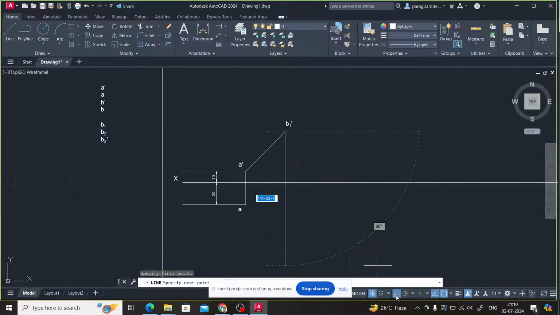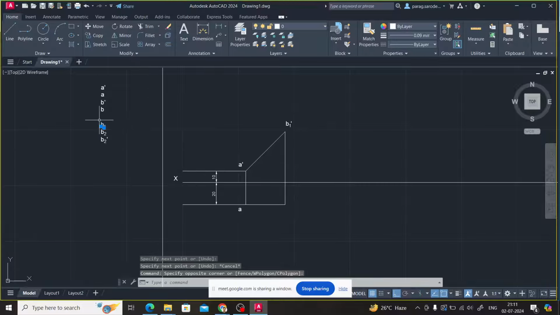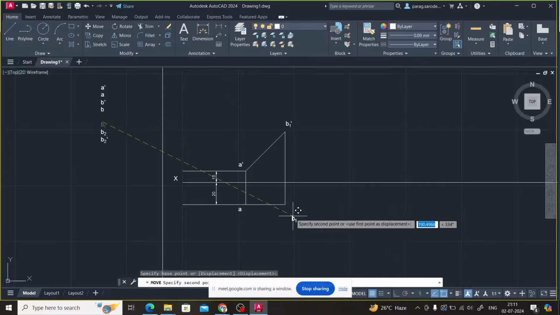Now ortho mode is on again. Click it here and join this with the horizontal line which is transferred from the A. Now I will drag a point b1 here, switch the ortho mode off again, and this point will be b1.